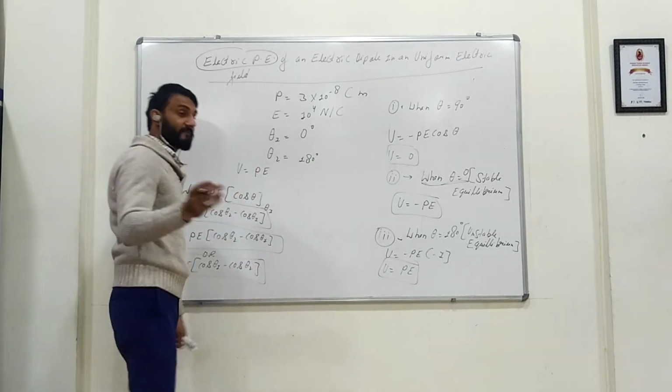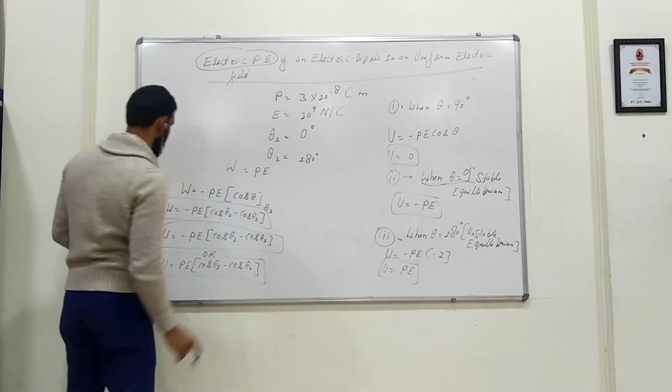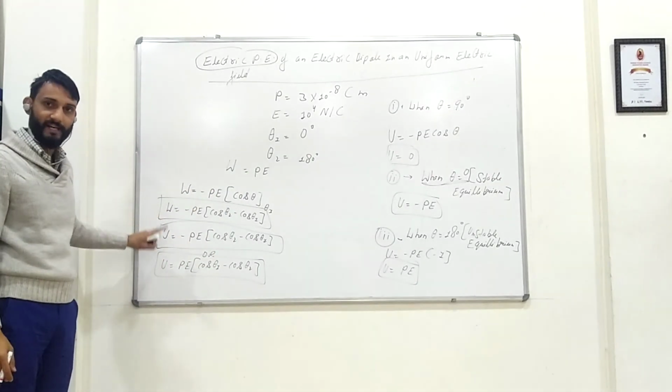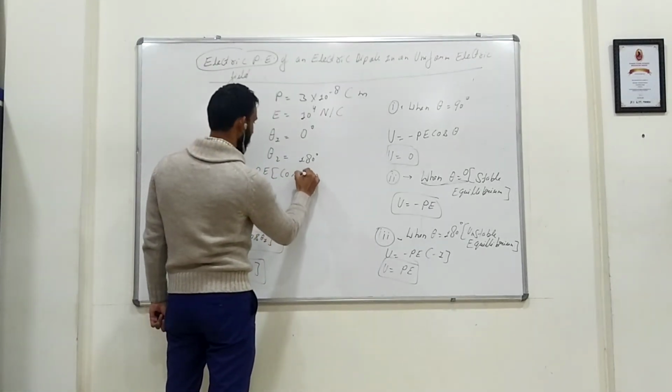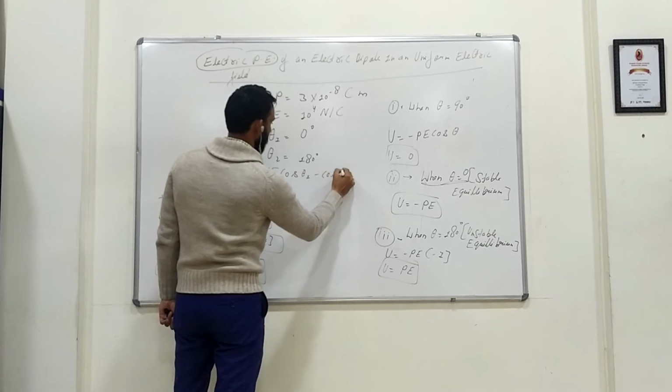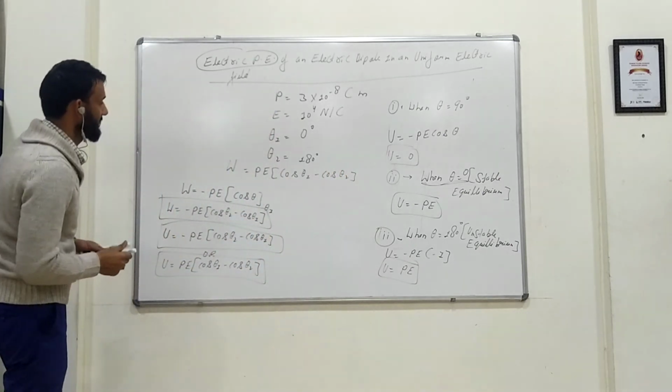They have asked you to calculate the work. So I can write this as work also, because whatever amount of work is done will become potential energy. W is equal to pE times (cos theta 1 minus cos theta 2). Now all the values are given.